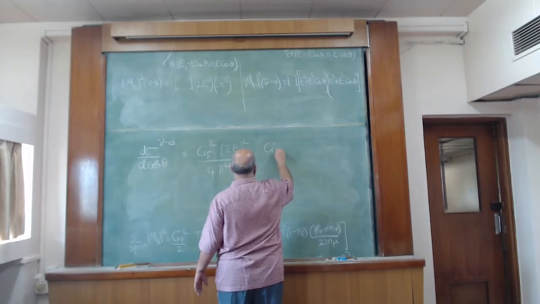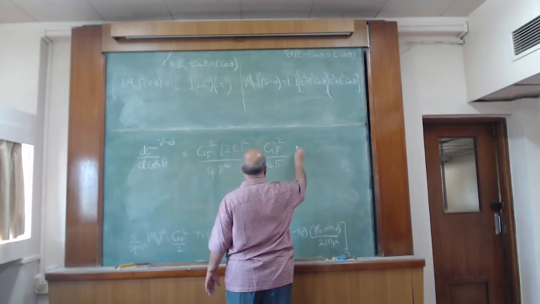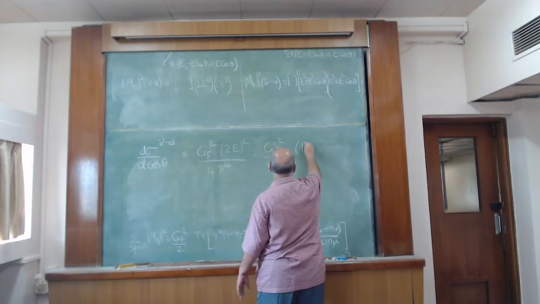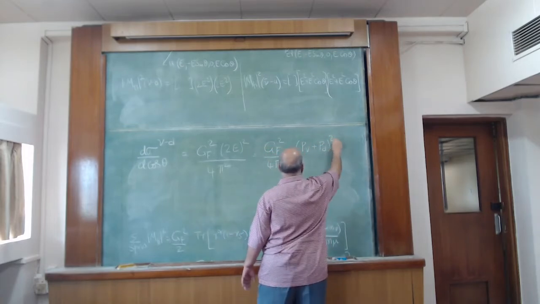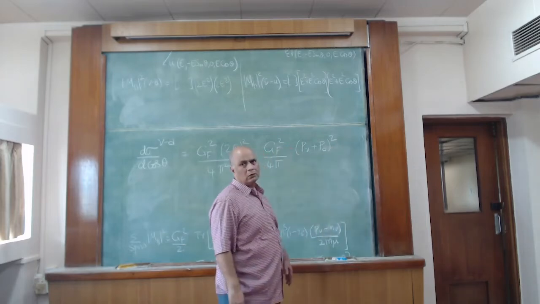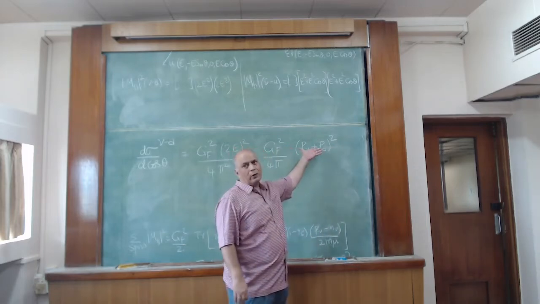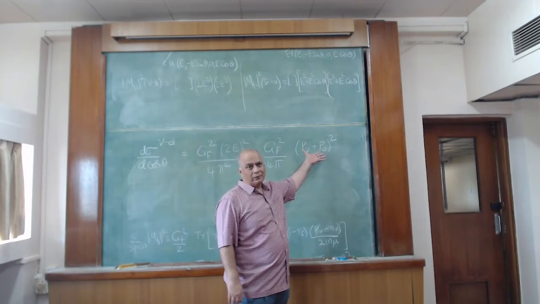and this is written as GF square by 4 pi square times (p_nu plus p_p) whole square. So that it's a Lorentz invariant quantity.